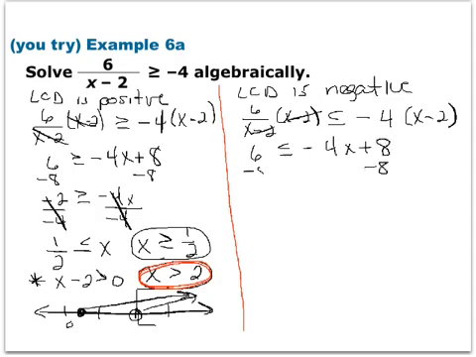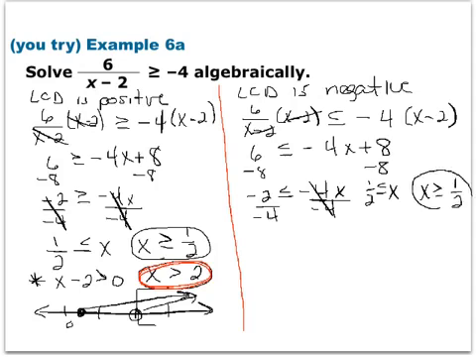Subtract 8 from both sides. Divide both sides by negative 4. And again, we divided by a negative. So I have 1/2. I need to write it the right way. I have my solution. Now for the denominator.